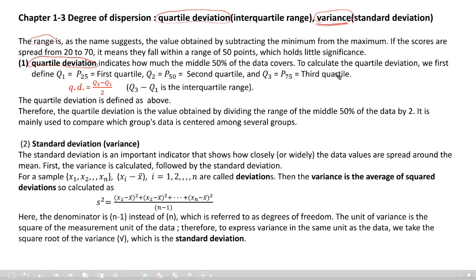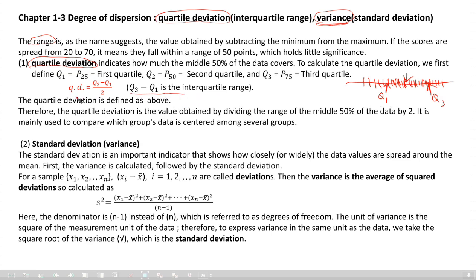To calculate quartile deviation, we first define Q1, Q2, Q3. Suppose data is spread from the center here. Here is Q1, the 25th percentile. Here is Q3, the 75th percentile. Then Q3 minus Q1 is what we call the interquartile range.